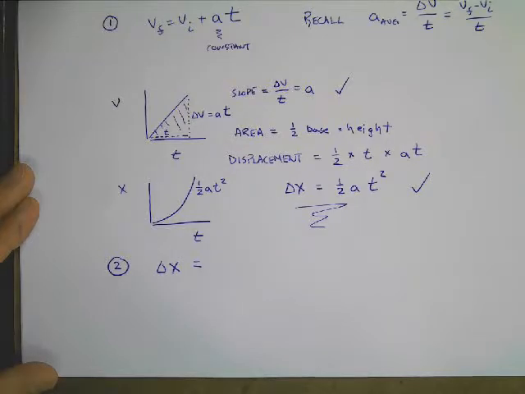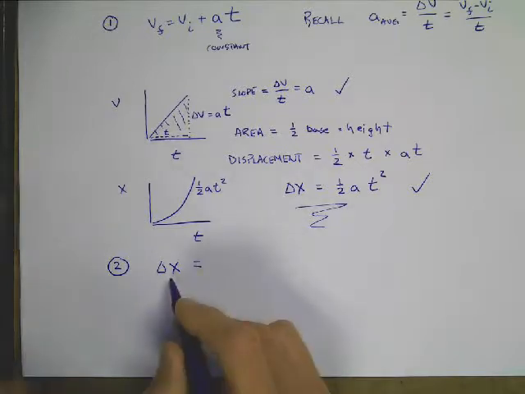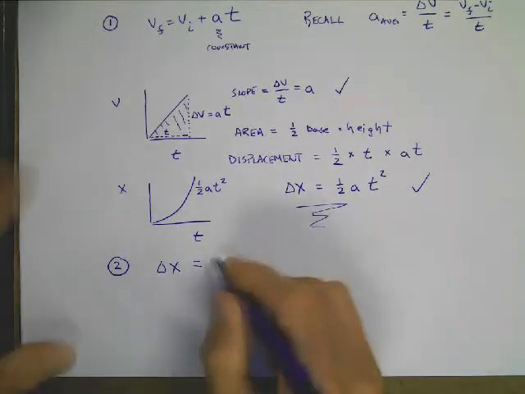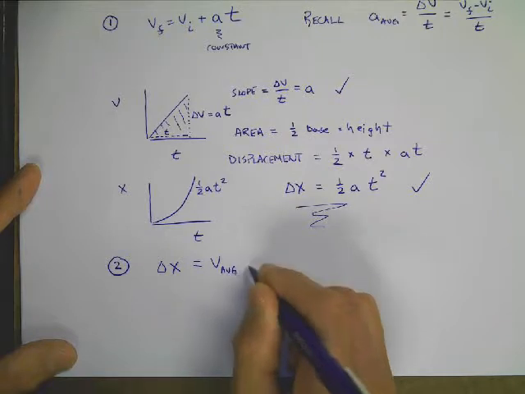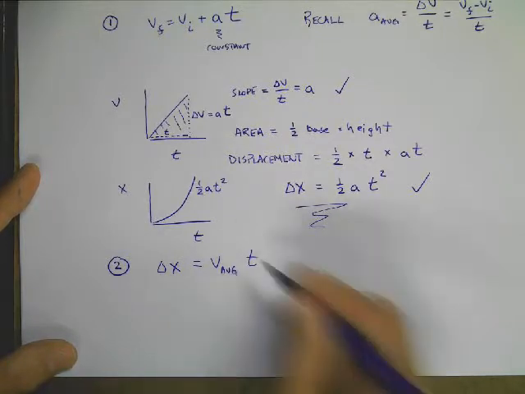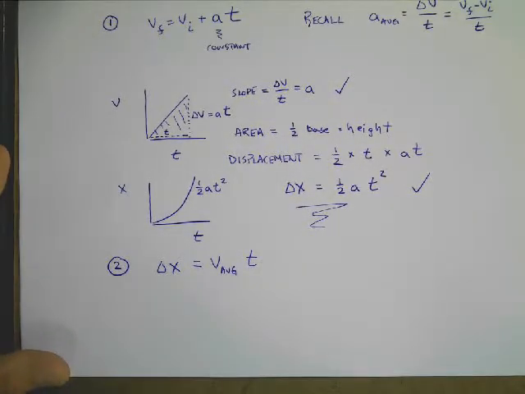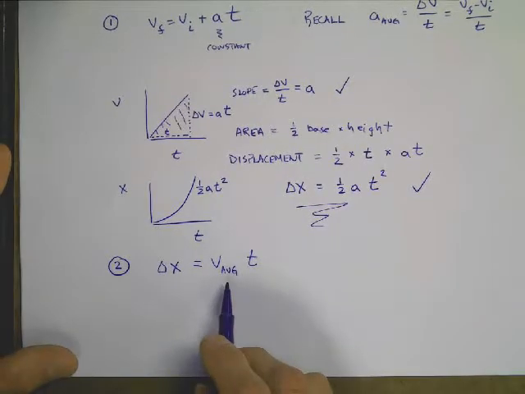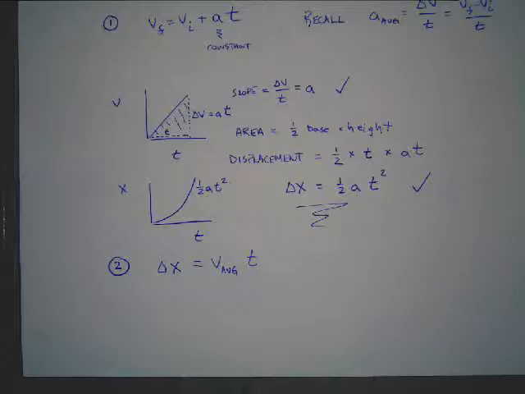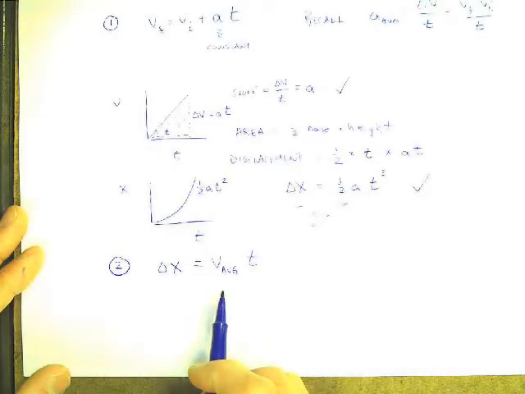Another way to find displacement would be to say that displacement is going to be equal to average velocity times time. Now even if the object is accelerating, that formula is still going to hold true.